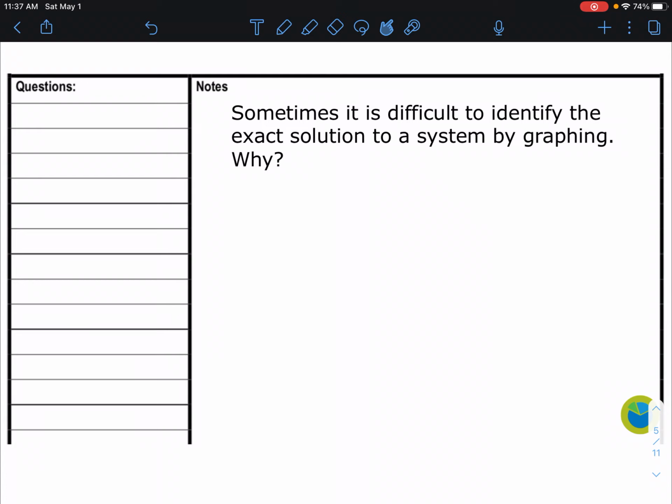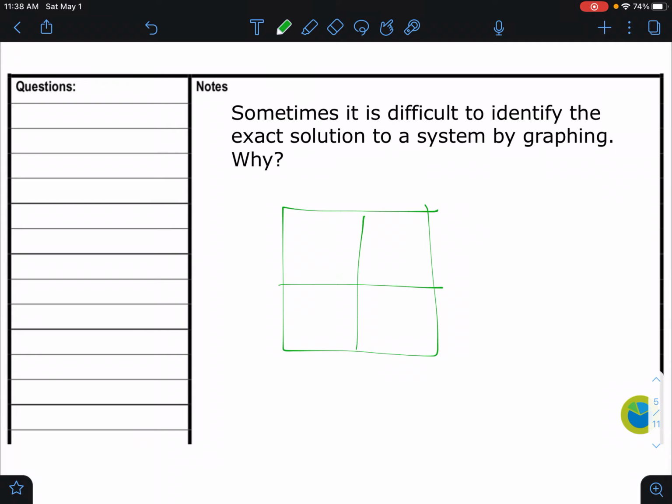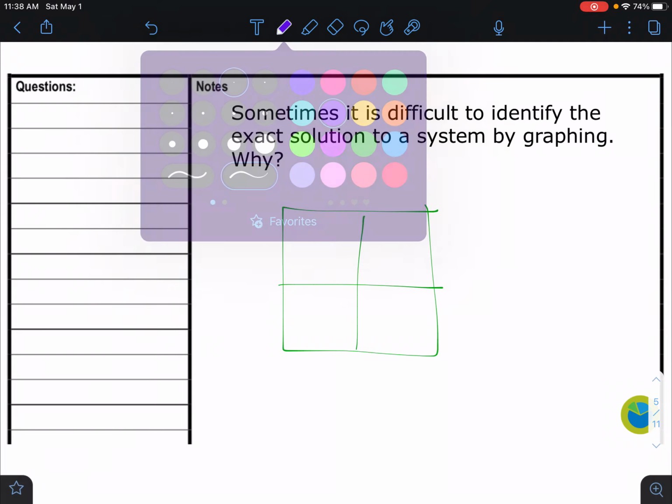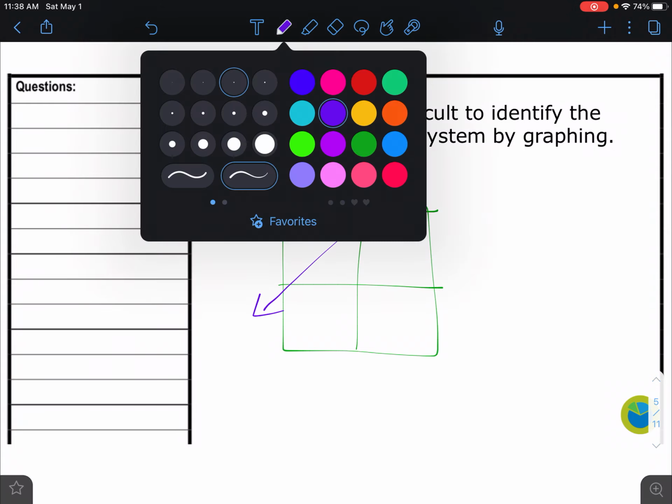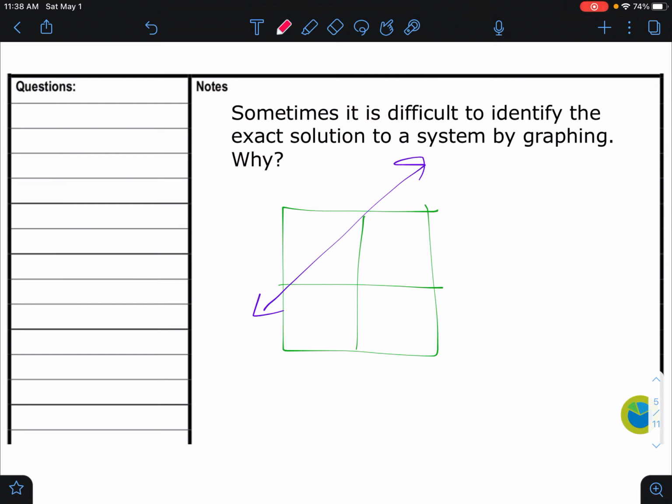On your graphing calculator, you've got a screen that has an XY axis. Sometimes where they intersect, let's say with these two lines here, the purple line and a red line, is off your graph. So you have to be able to find that.